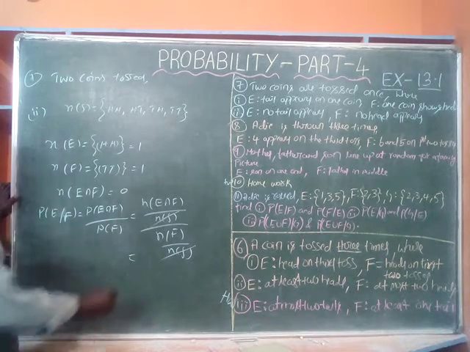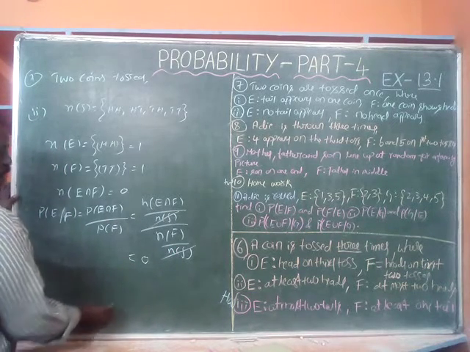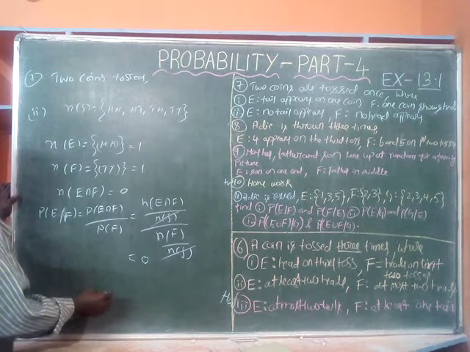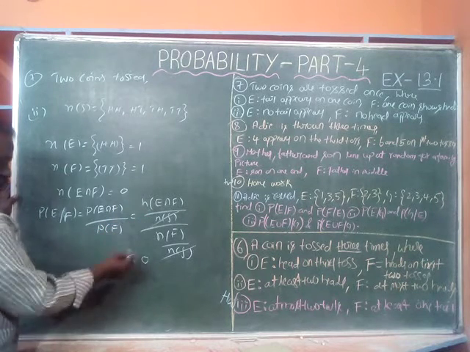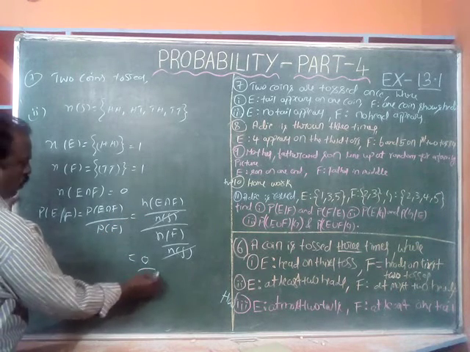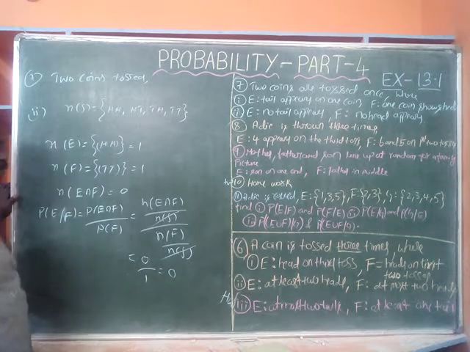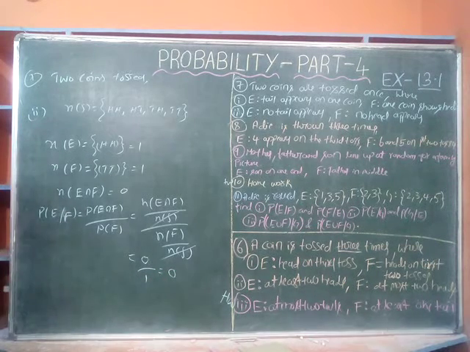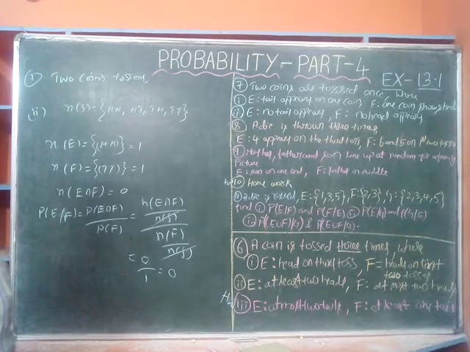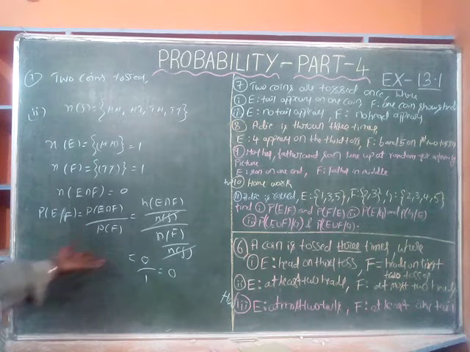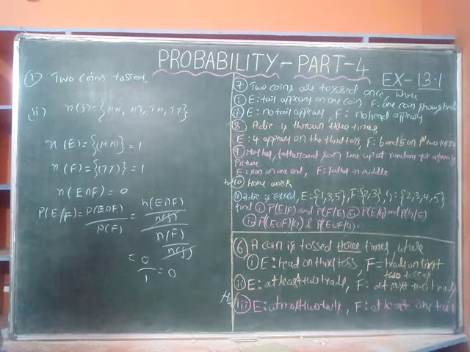N of E intersection F is 0. Or otherwise, we may write P of phi is 0 also. N of F is 1. So 0 by 1 is 0. Again, that is the probability. The seventh problem is different. Here it is no probability, 0.